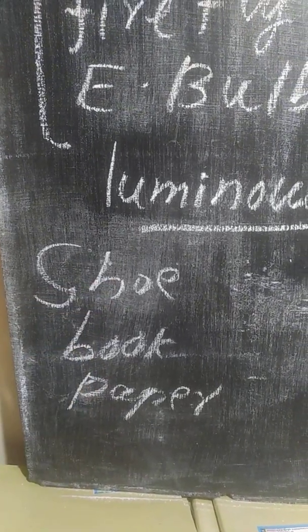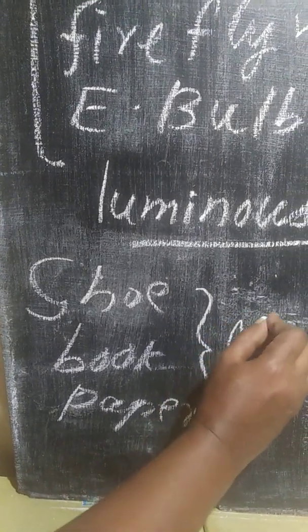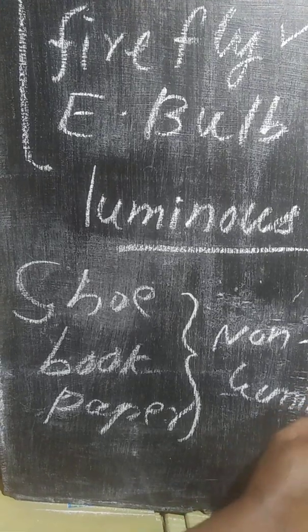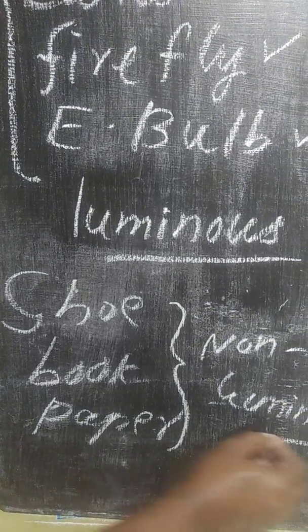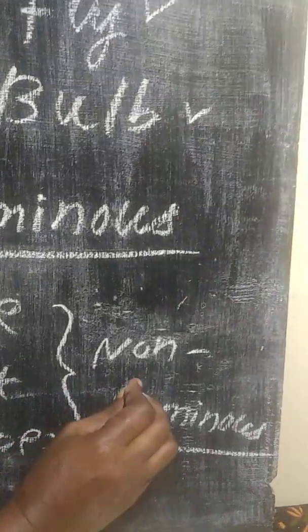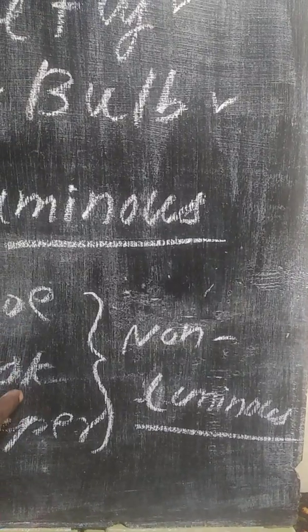We call these type of objects non-luminous objects. Non-luminous means they are not luminous, or they don't have any light of their own.